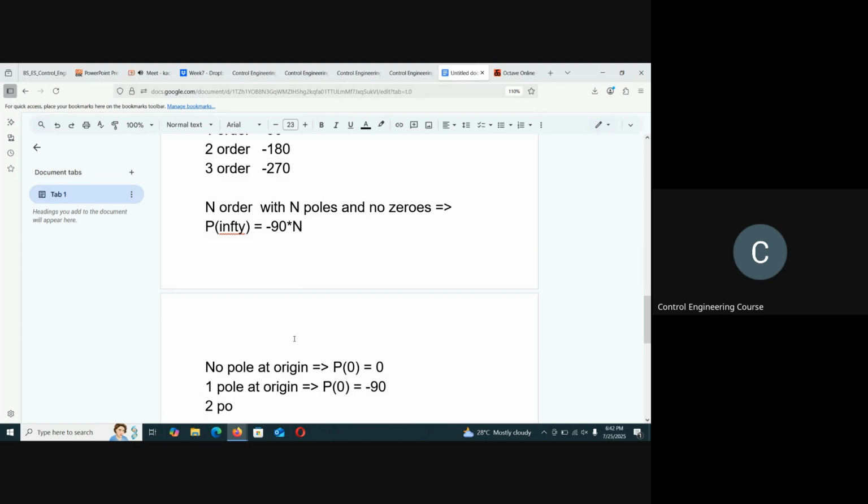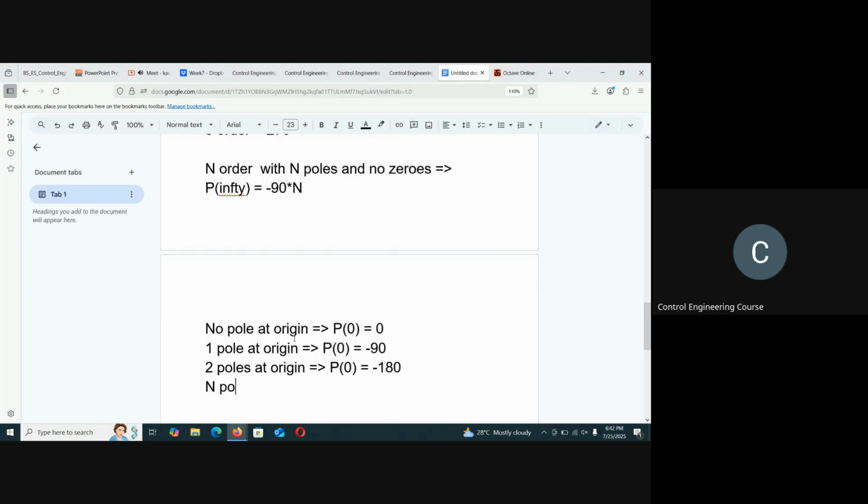If there are two poles at the origin and no zeros, where will the phase start? Any guess? Minus 180. Yeah. And similarly for n poles at the origin, the phase at zero will be minus 90 times n.